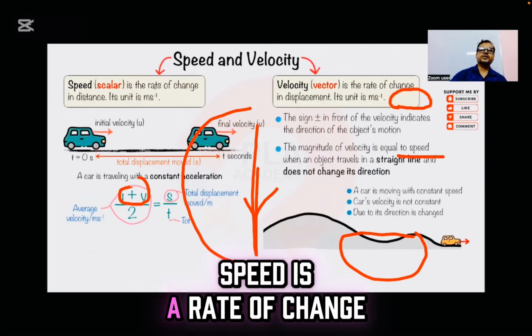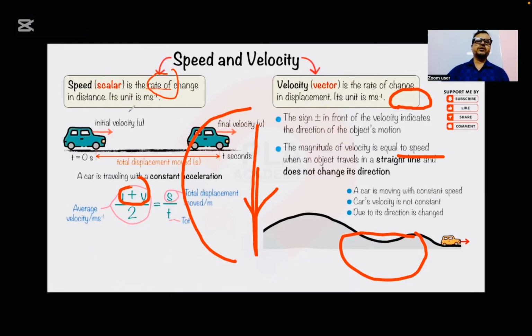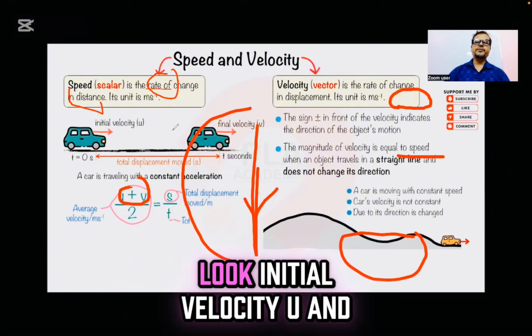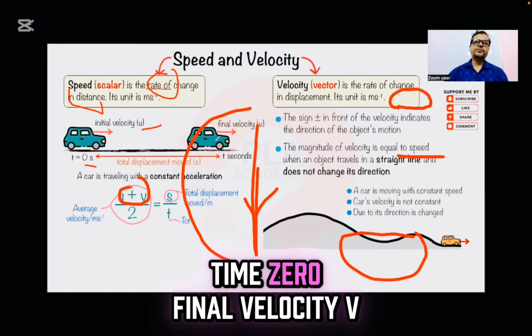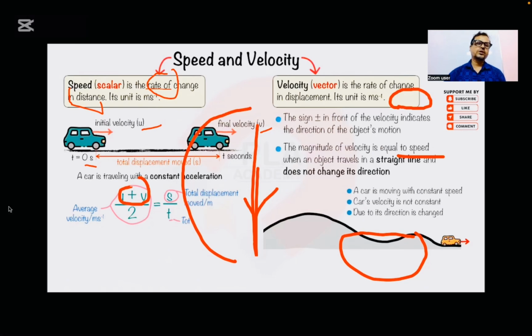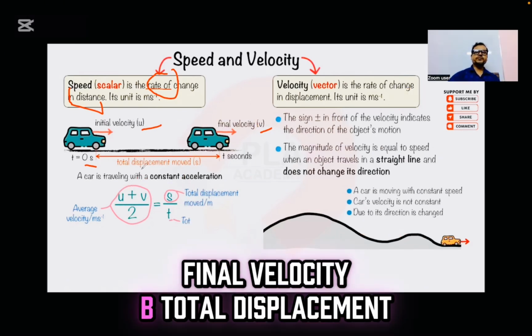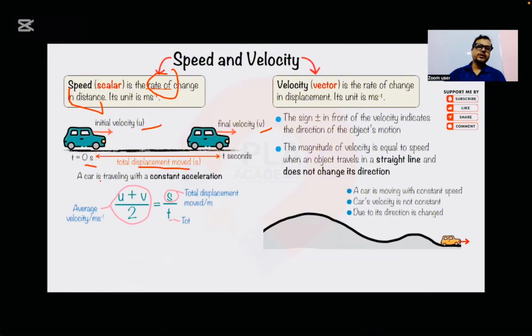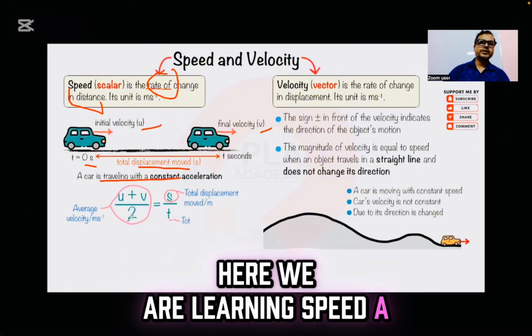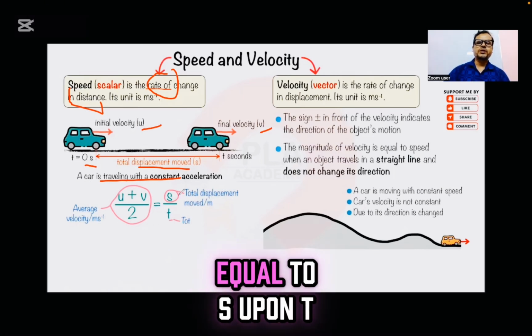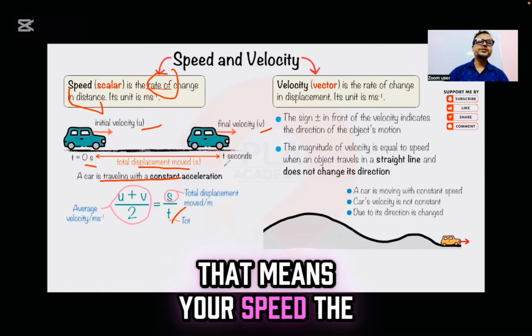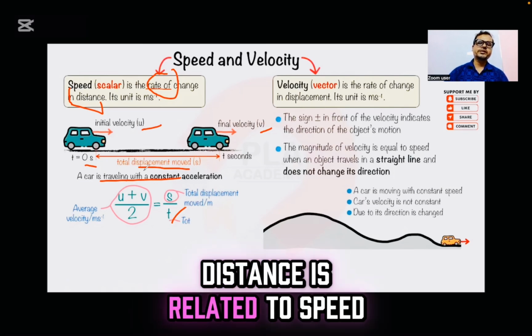Speed is the rate of change of distance. Distance is related to speed. Look, a car is traveling with constant acceleration, with initial velocity u at time 0 and final velocity v, and total displacement s moved in time t. Here we are learning speed, but the average velocity is (u plus v) upon 2, equal to s upon t. Speed is the rate of change of distance.